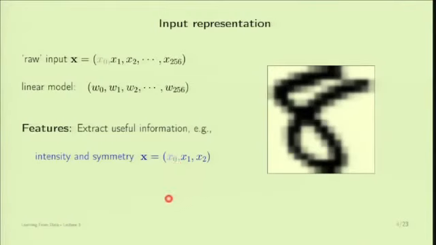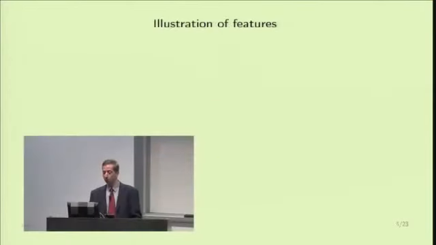Having 3 is a much better situation. So this is what we are going to work with. When you take the linear model in this case, you just have W0, W1, and W2, and that's what the perceptron algorithm, for example, needs to determine.